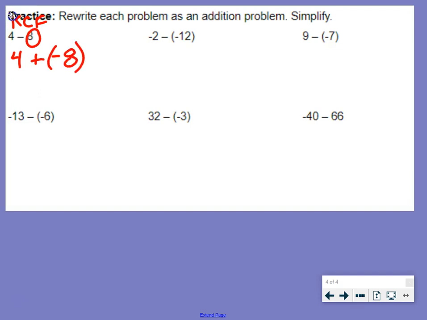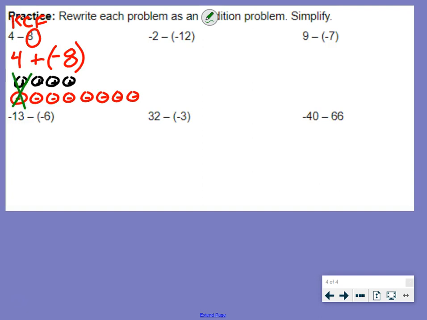4 plus -8. Well, if we wanted to use our integer tiles, that means we have 4 positive numbers. And then we add on to that 8 negative numbers. Now, when we have one positive and one negative, they make 0.